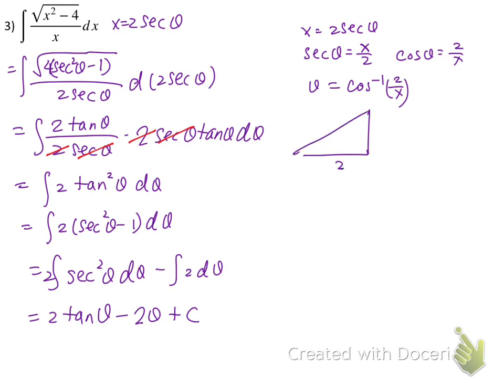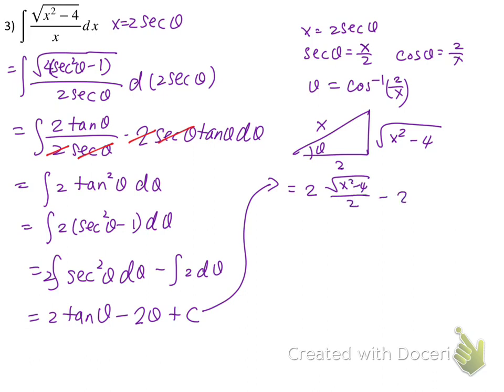Cosine is adjacent over hypotenuse, and the third side will be the square root of hypotenuse squared minus adjacent squared. Then this will be 2 tan, the opposite over adjacent, minus 2 theta, where theta is the inverse cosine of 2 over x, and then finally plus c.